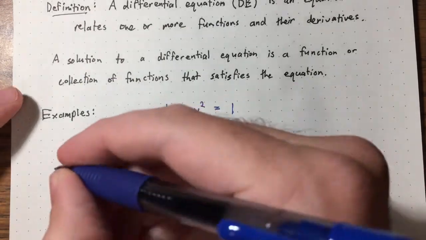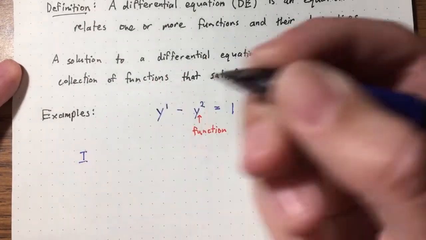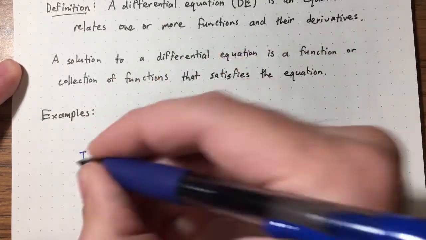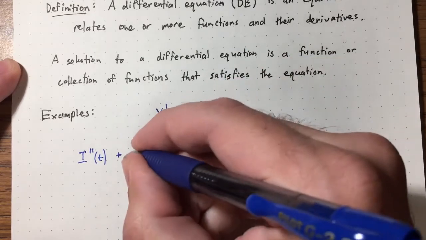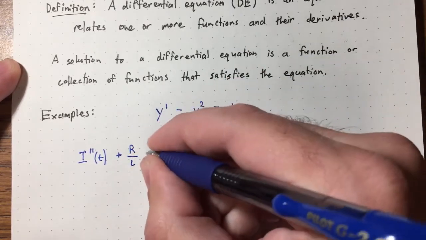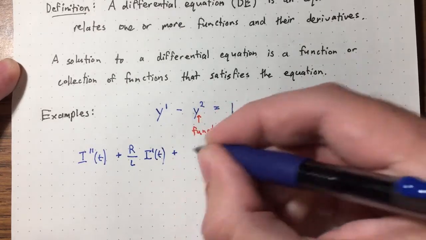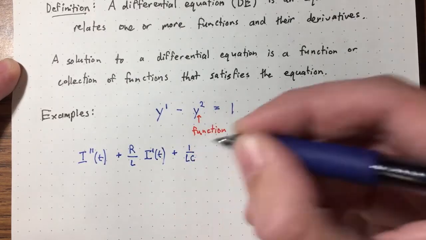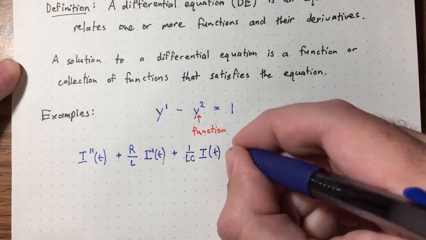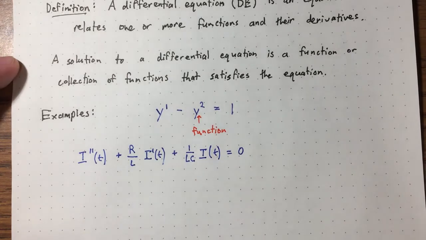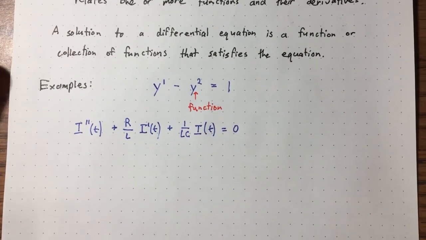Let's write down another example. This one will have I double prime of t, second derivative, plus R over L times I prime of t, first derivative, plus 1 over LC times I of t equals 0. And this differential equation actually comes from electrical engineering.